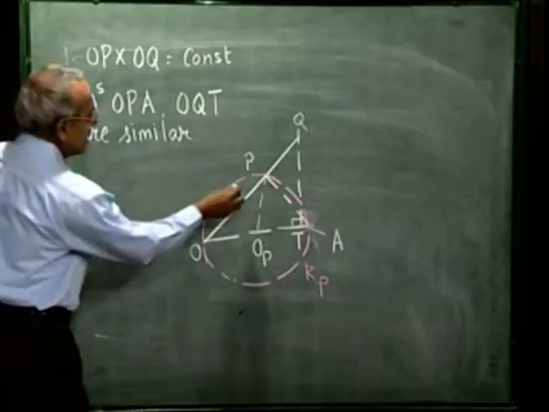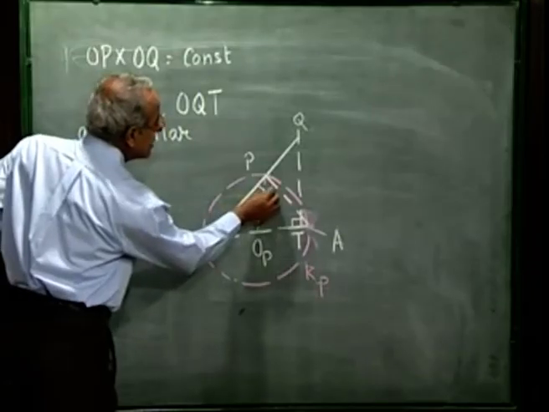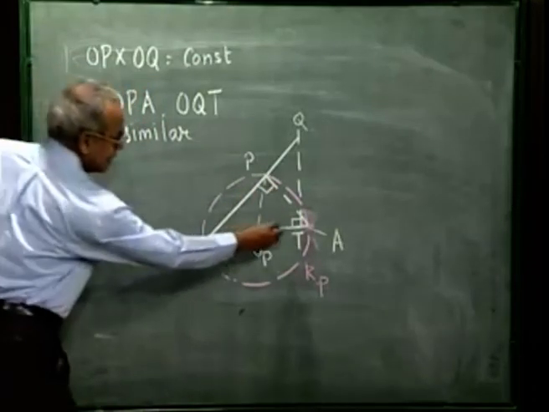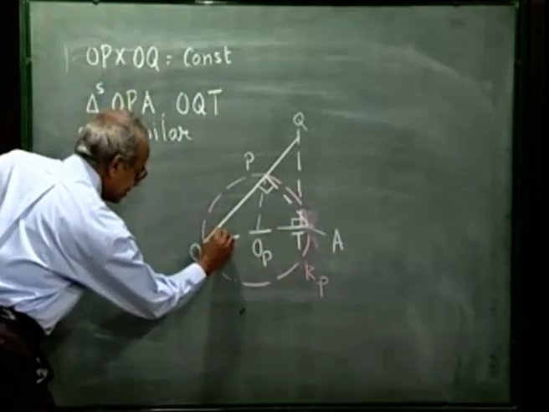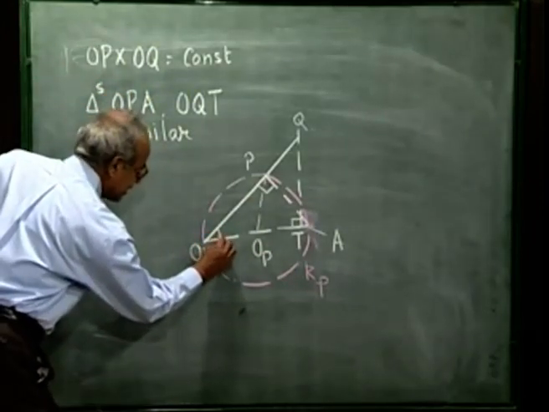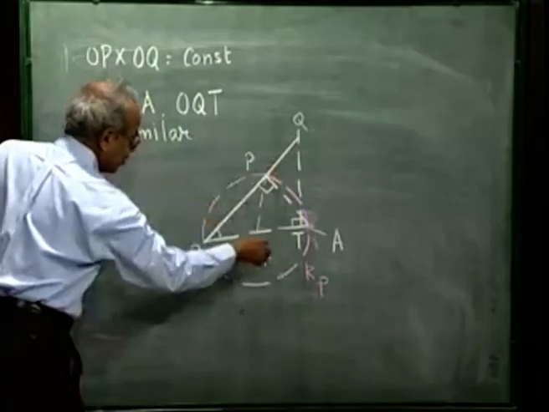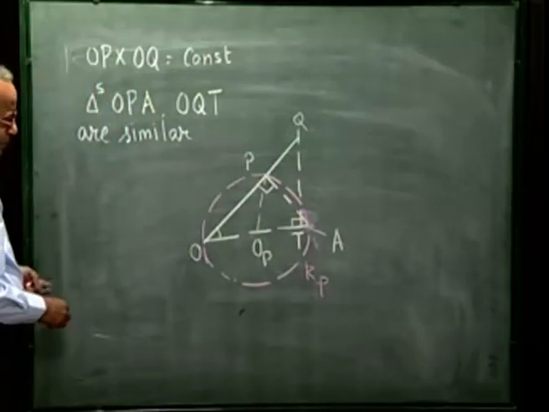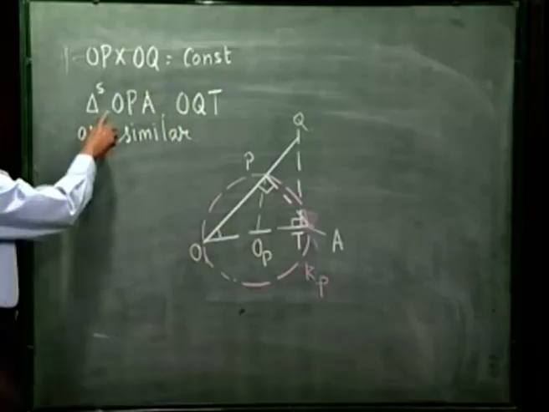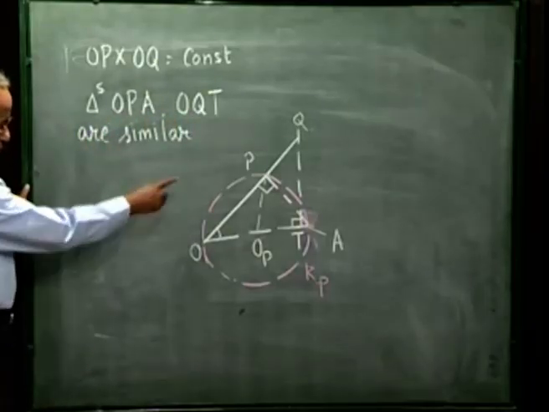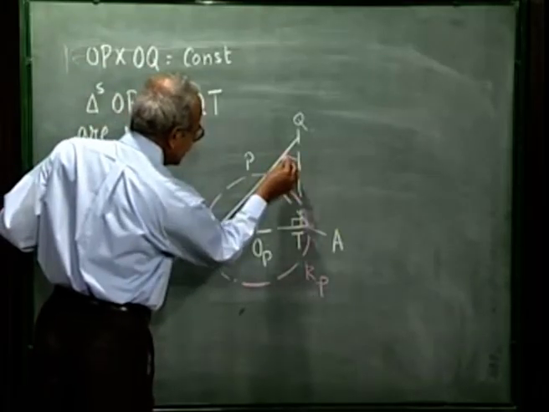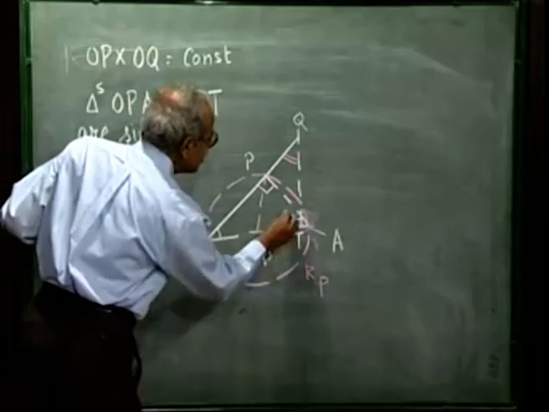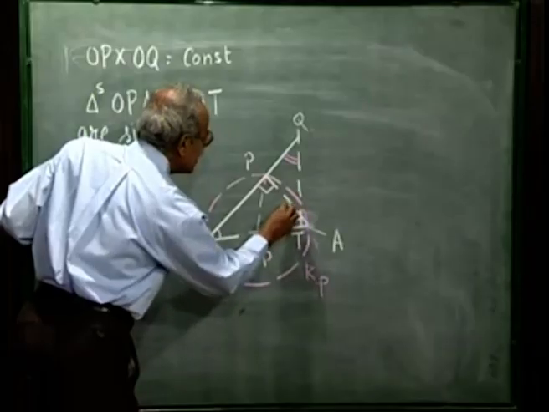Because the angle at P is 90 degrees, the angle at T is 90 degrees. This angle is common to both the triangles OPA and OQT, which immediately implies that these two triangles are similar, because two of their angles are the same, which will mean this angle is equal to this angle.